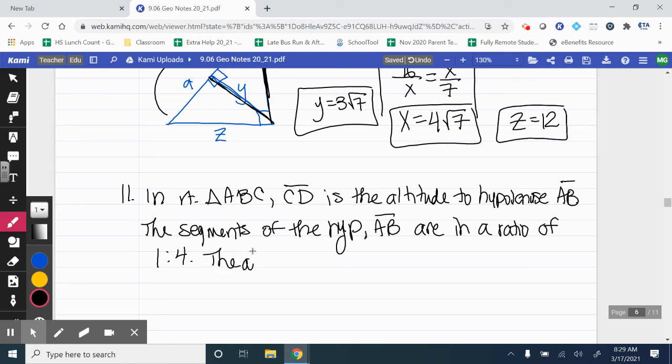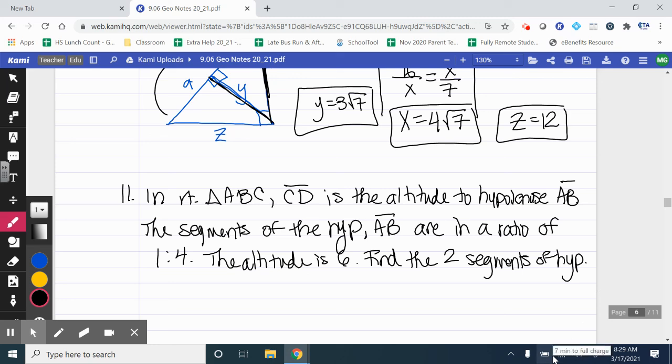The altitude is 6. Find the 2 segments of the hypotenuse. I'm abbreviating in there too.